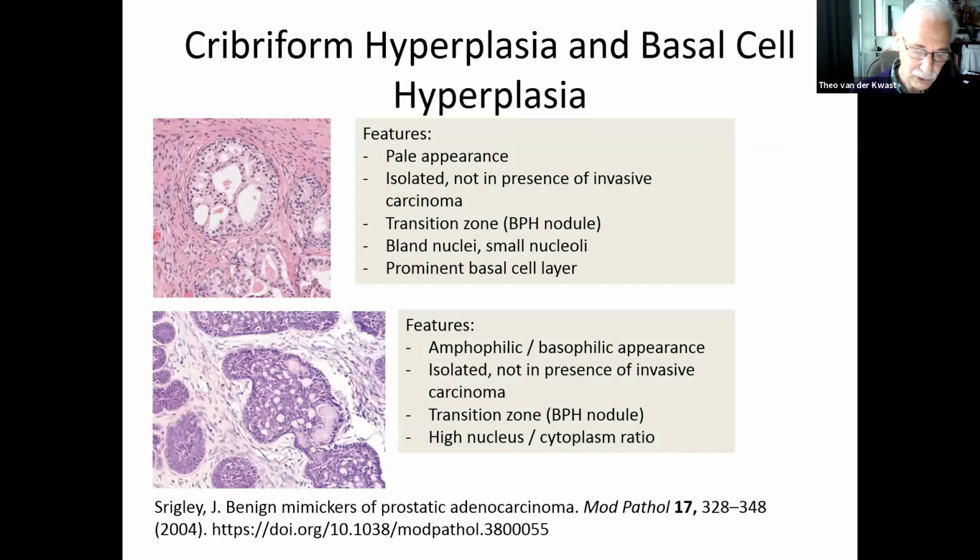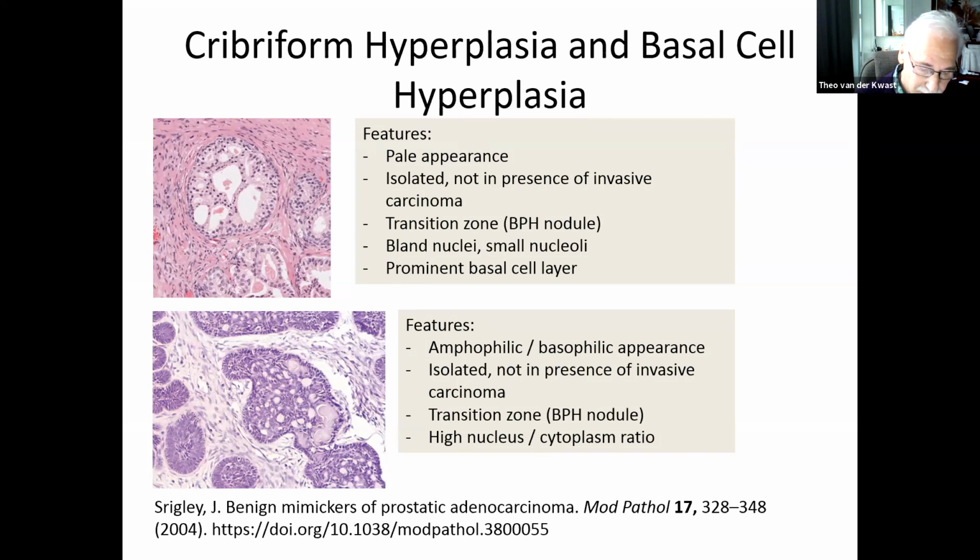Here, examples of cribriform hyperplasia and basal cell hyperplasia. Both are well-circumscribed small-sized glandular structures characterized by bland nuclei. They lack prominent nucleoli or atypia. They are rare in prostate biopsies and they occur in the transition zone, and invasive carcinoma is generally not in the vicinity of these lesions.